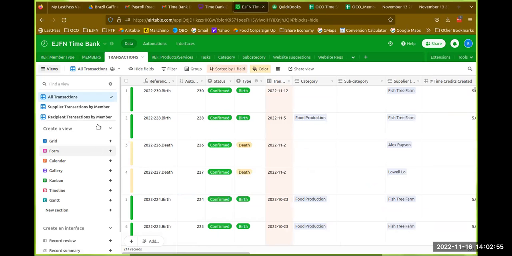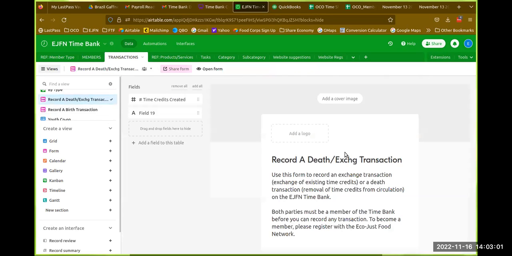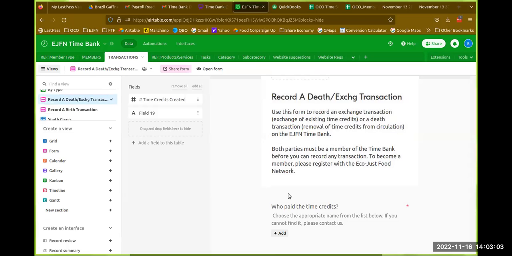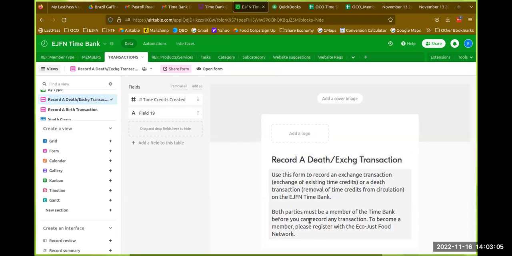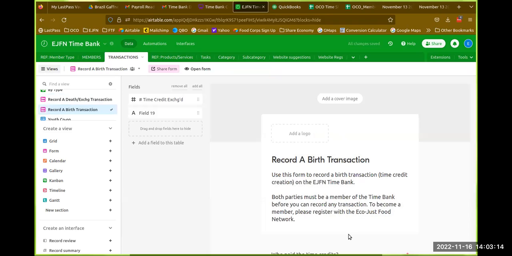Emma was mentioning the different forms, and let me see. So here you can see, this is the back end of the form, but we have a form to record debt and exchange transactions. And then we have a form to record a birth transaction.